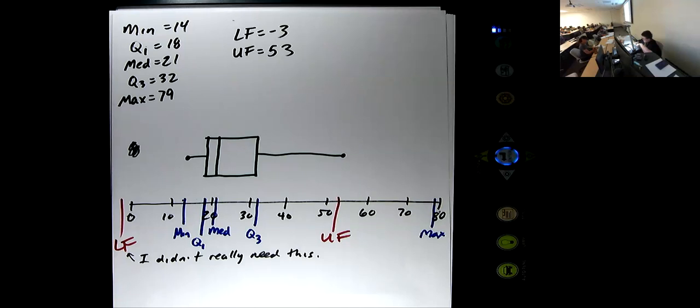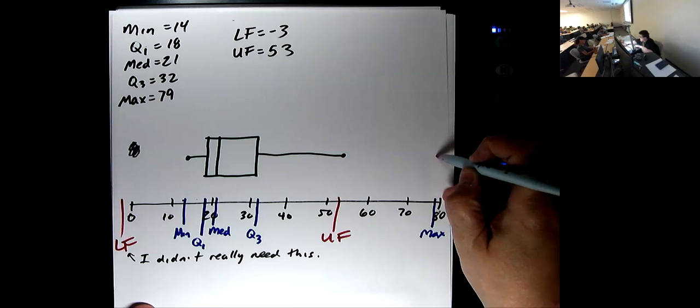And then I look for outliers. Outliers are values that are outside of this area. There was nothing below the min, but there's at least one at 79.